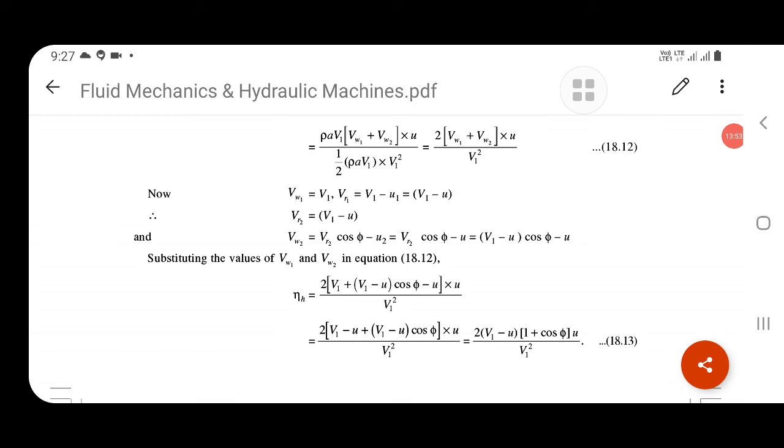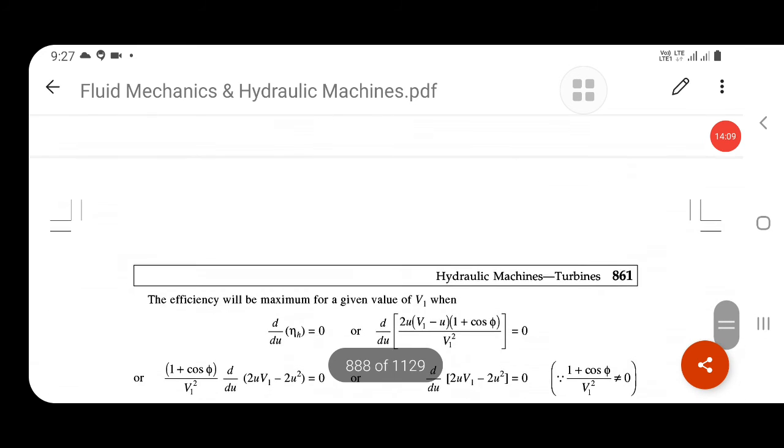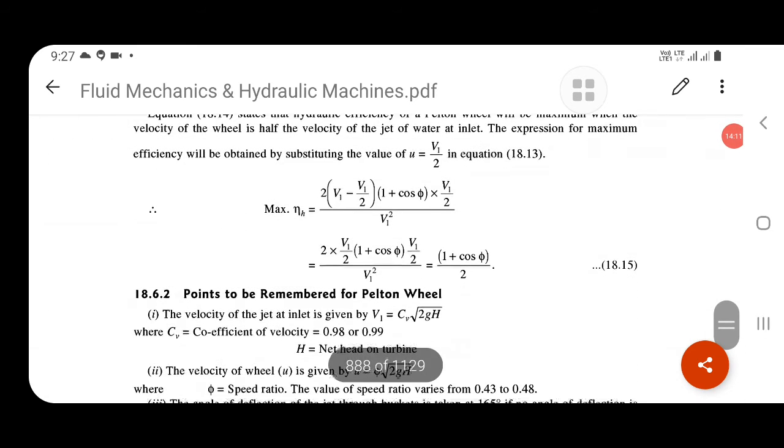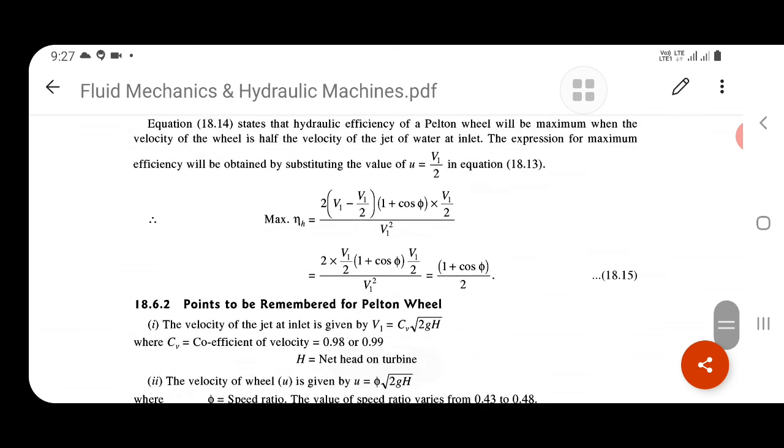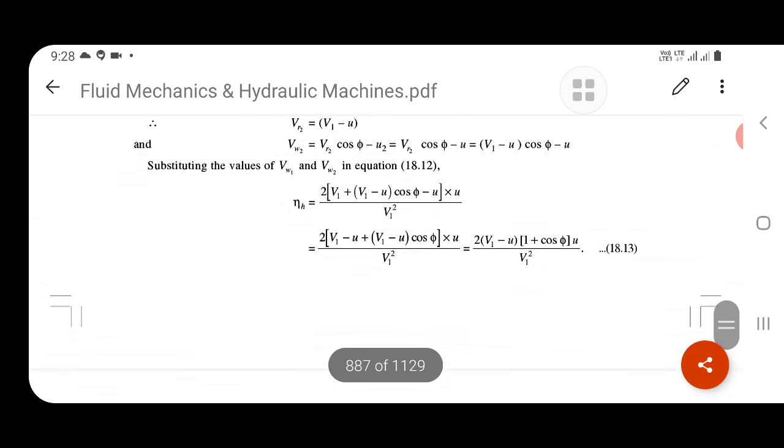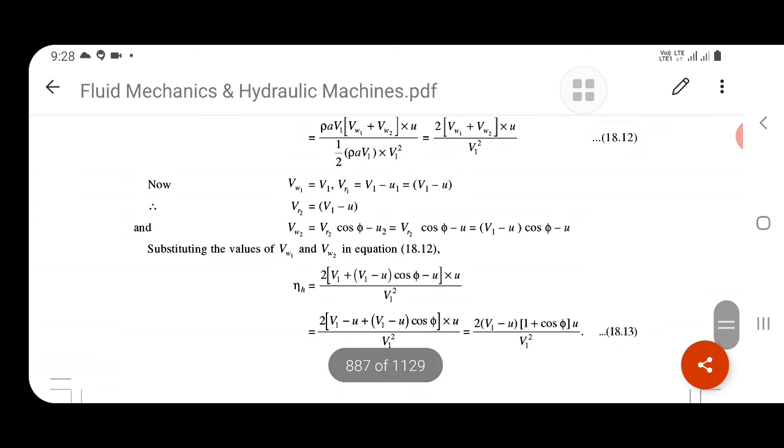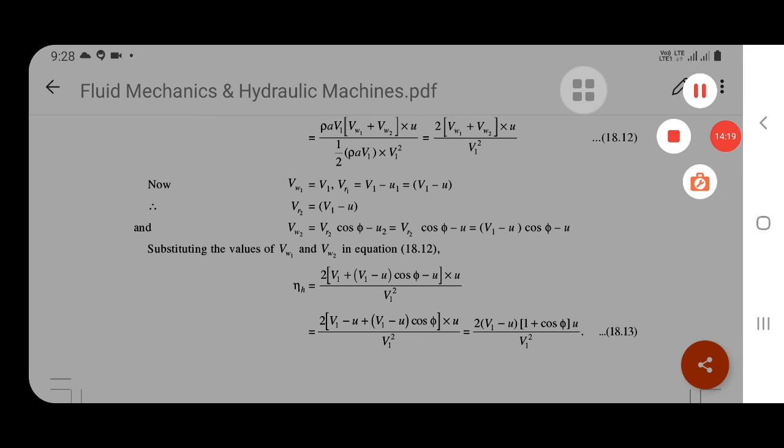So that is (V1 plus (V1 minus U) cos phi minus U) into U. With the help of that, the formula for efficiency is 2 (V1 minus U)(1 plus cos phi) U upon V1 square. So with the help of that, we can calculate the efficiency and formula. So write this down.